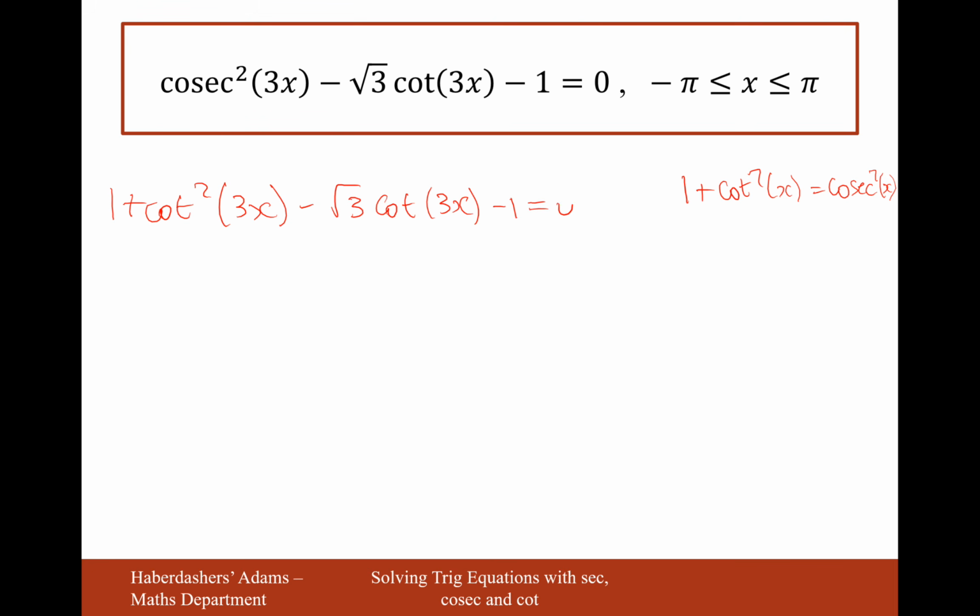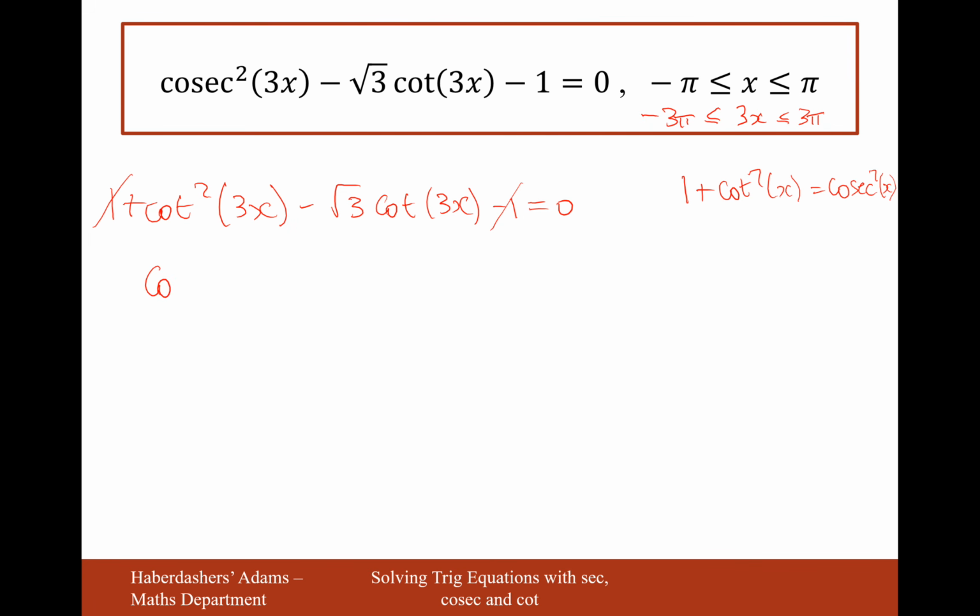Minus 1 equals 0. I suppose I got a bit excited here. The first thing I really should have done was to expand the domain here to a 3x. So it's now from minus 3 pi to 3 pi. The next thing I've got is a 1 and a minus 1 here, so those two will cancel out.